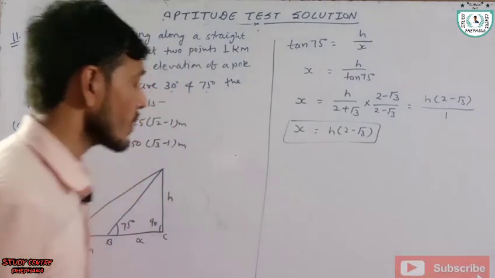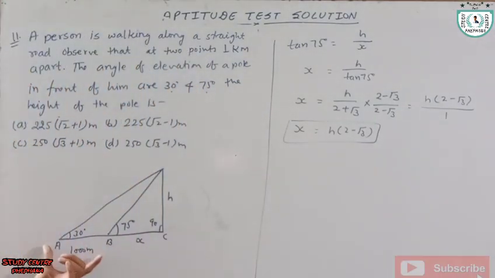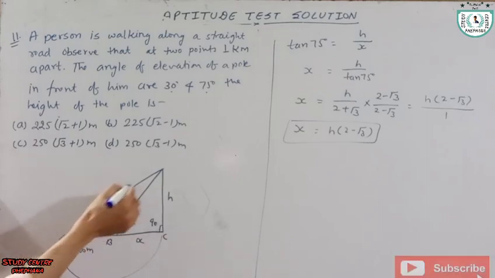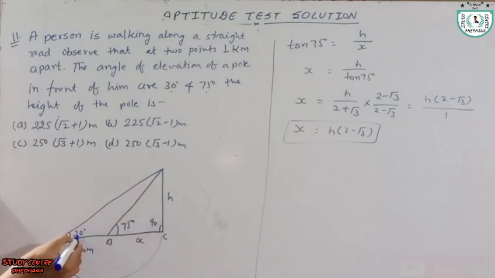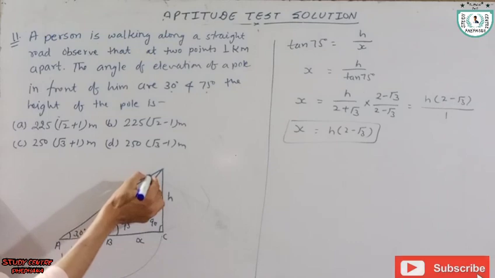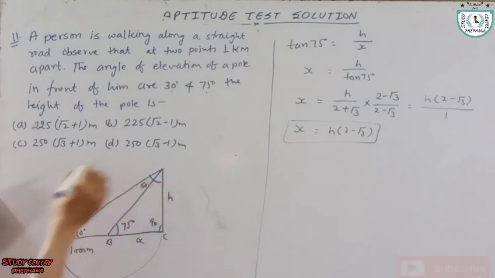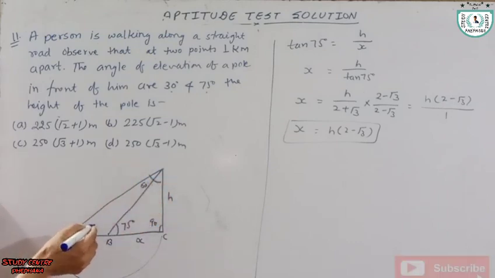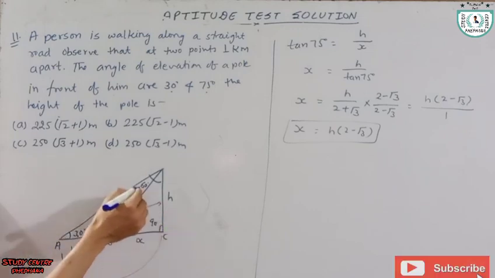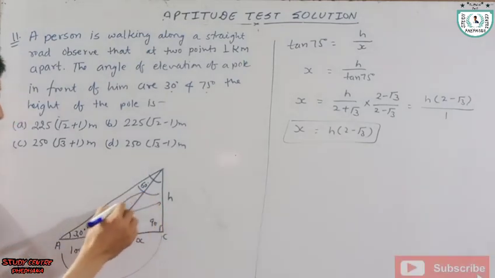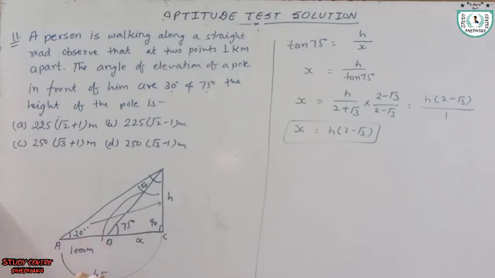Now I can say AC is equal to, if this angle is 30 degrees, then this whole angle is 60 degrees. If the side in front of 30 degrees is h, then in front of 60 degrees is h root 3.